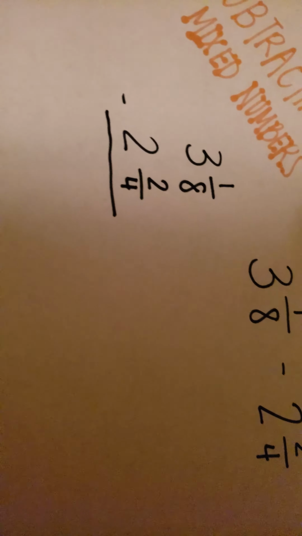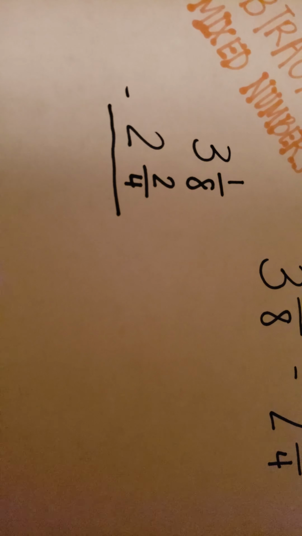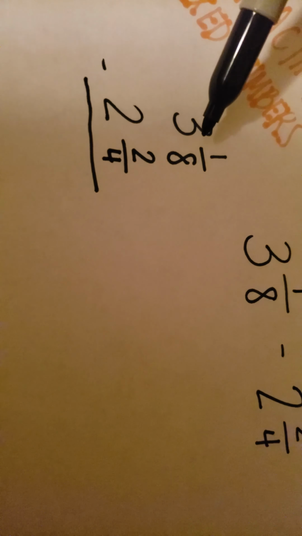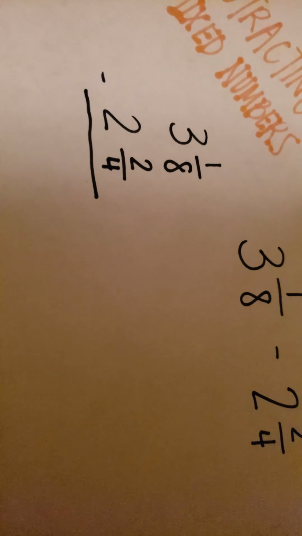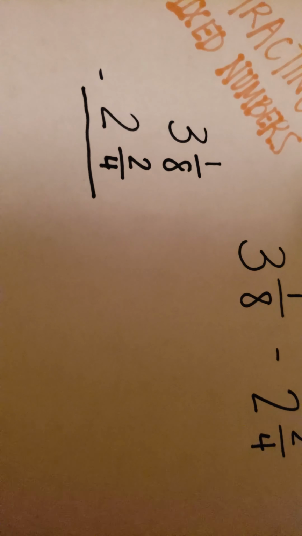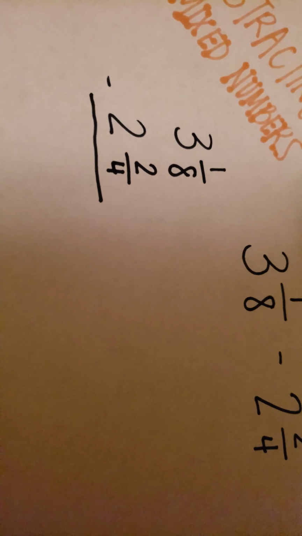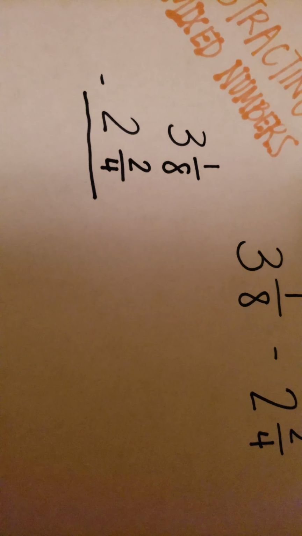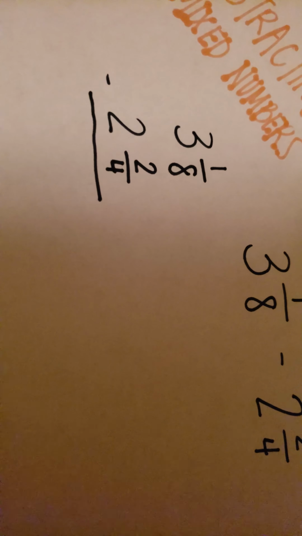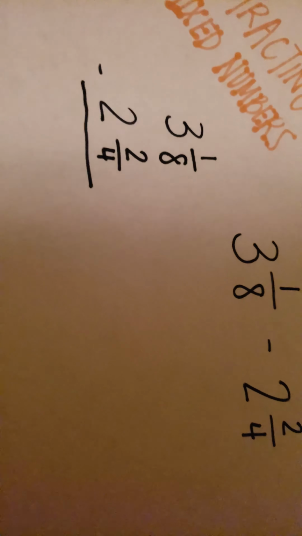All right, so now we have to look at the fractions that we have. We have 1/8 and 2/4. Two different denominators. So we're going to list out the multiples for each of those denominators and find out what is the least common.